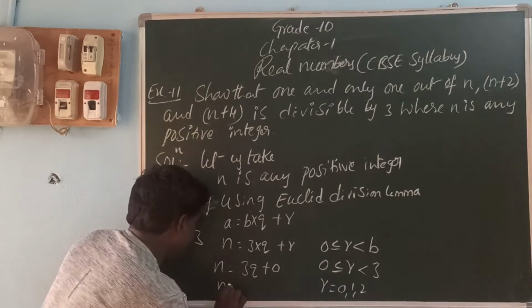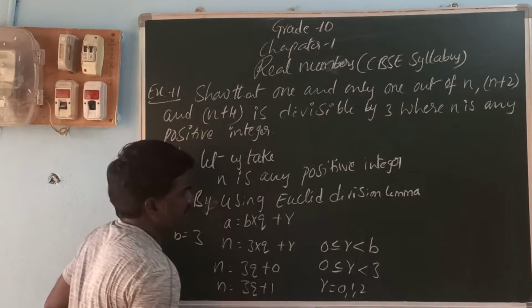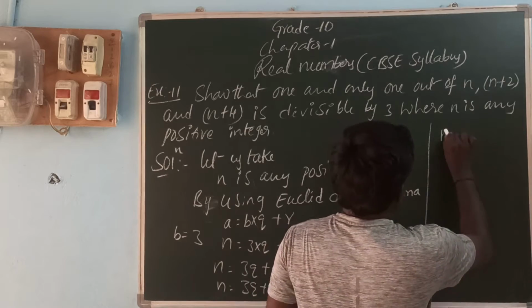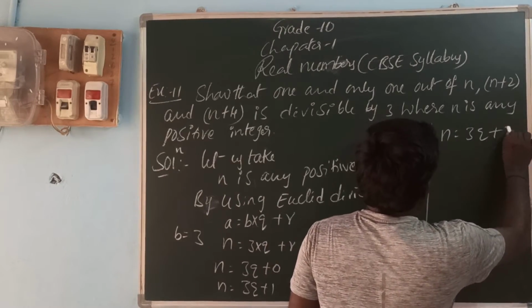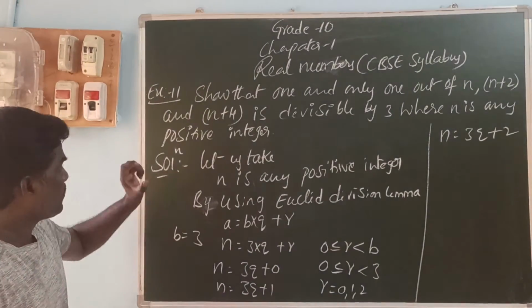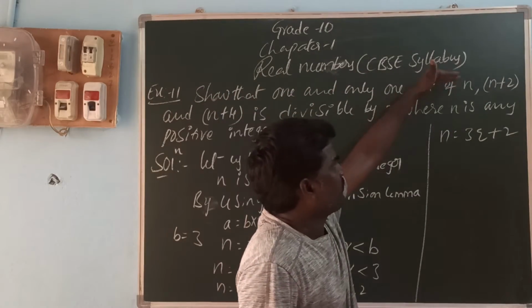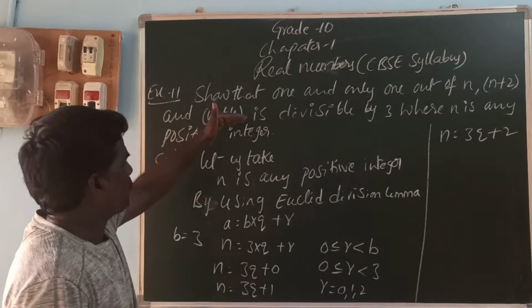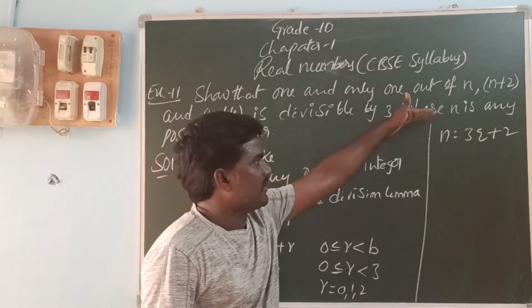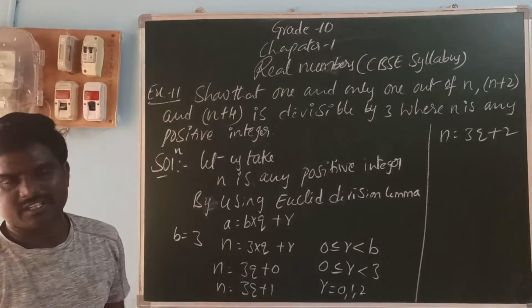If the remainder is 1, then n is equal to 3q plus 1. If the remainder is 2, then n is equal to 3q plus 2. What is the question? Show that one and only one out of n plus 2, n plus 4 is divisible by 3, where n is any positive integer.